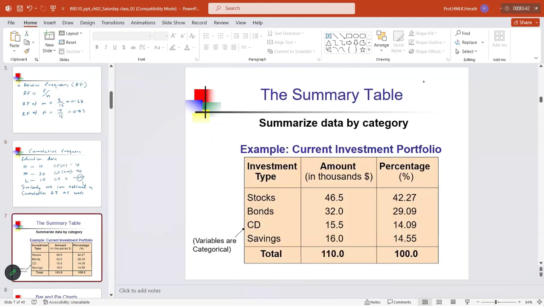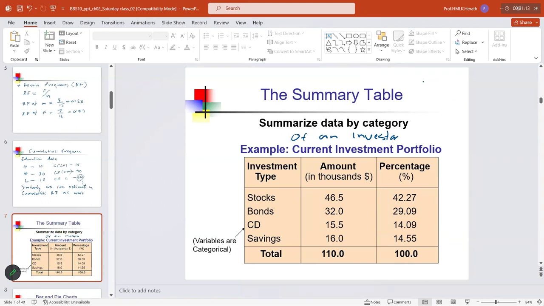Look at this example: a current investment portfolio of an investor. The current investment portfolio can be summarized like this.